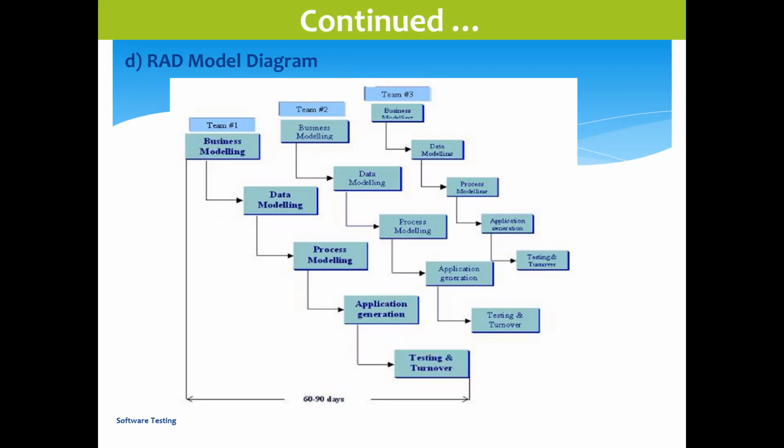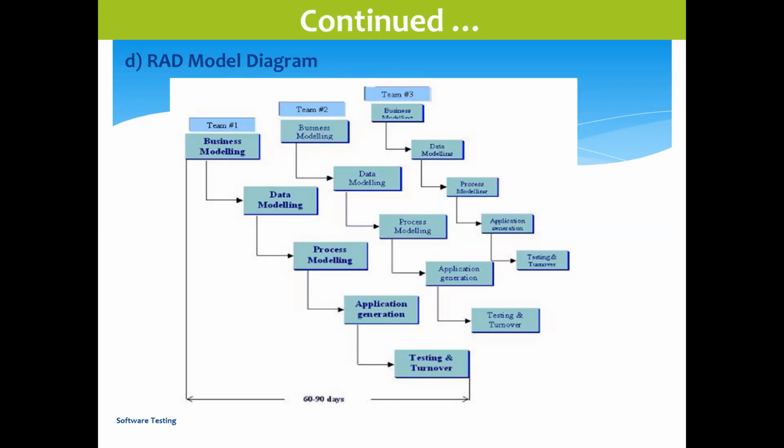So just different names are changing. Next will be data modeling. So here data will be collected. Next stage is process modeling. What are the processes? Those processes need to be mentioned, identified, and start with that. Then the next stage will be application. Next application will do. So development will start here.